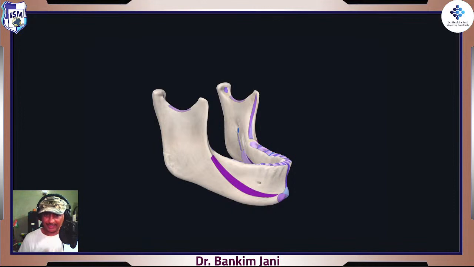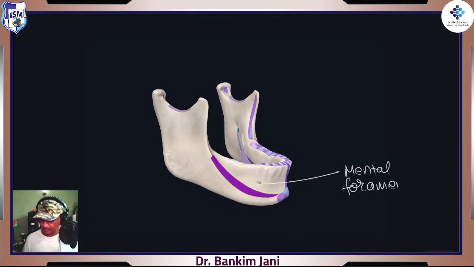This is from an angle, right? So over here, the mental foramen. Through this, one of the major branches of the inferior alveolar nerve would be emerging, right? The rest is all, that's the mandibular notch. We talked about it, right?